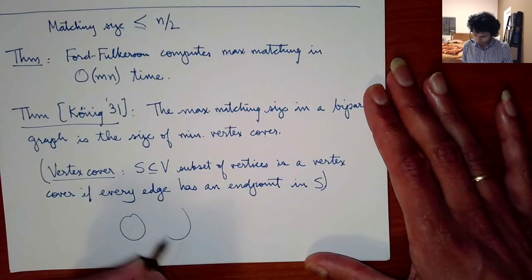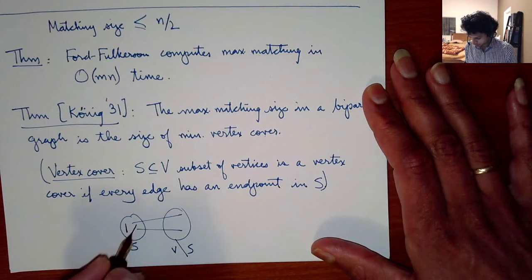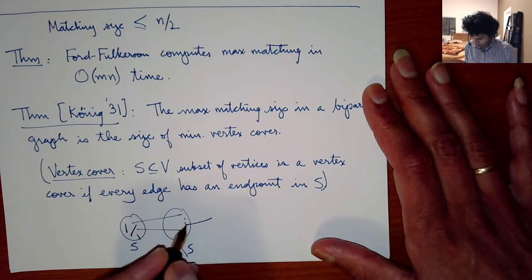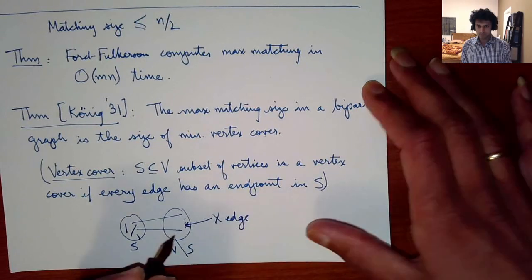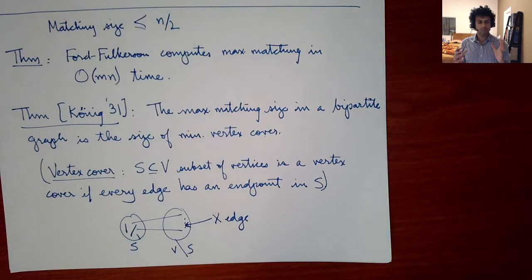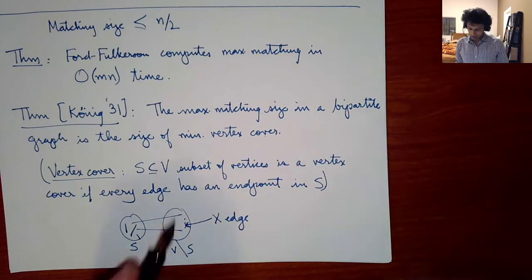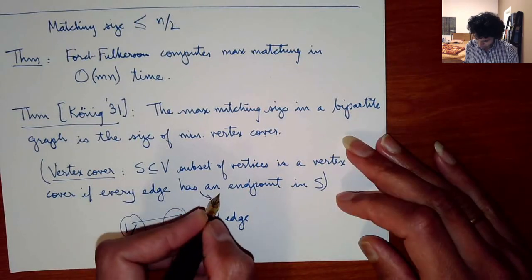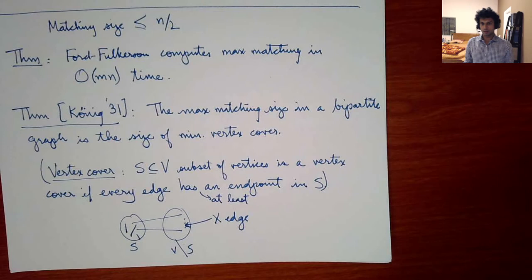Let's say you have S and you have V minus S, then all edges are like this. There is no edge of that form. So a vertex cover is a set such that every edge has at least one endpoint in S, at least, because you could have both. That is what a vertex cover is.